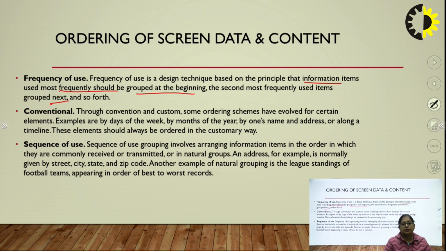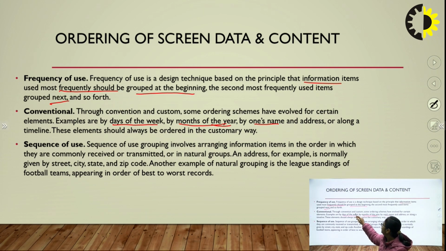Conventional use means we use day of week, month of year, the month and the year. This is convention. Every time we fill in a form, you will see the conventions. Firstly you put the day, then the month, then the year. So these are conventions when ordering.